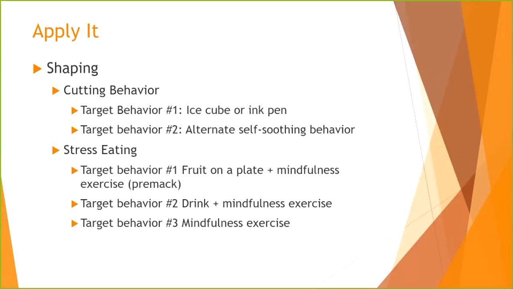Now, at first, the mindfulness exercise might follow eating the fruit, but ideally we get to the point where the person is getting some fruit, putting it on a plate, and doing a mindfulness exercise. If they don't like doing the mindfulness exercise because they have to stop and be present with their feelings, which is kind of overwhelming for some people, I pair it together. Remember, we talked about the Premack principle, pairing something that you like or something that's helpful with something that you don't really want to do. Doing it at the same time makes it a little bit more tolerable.